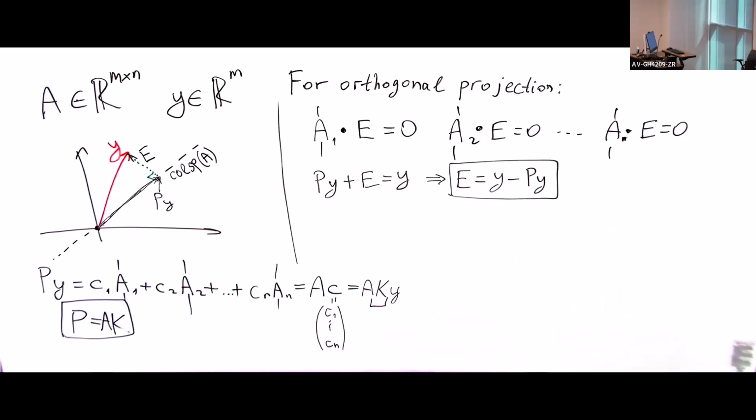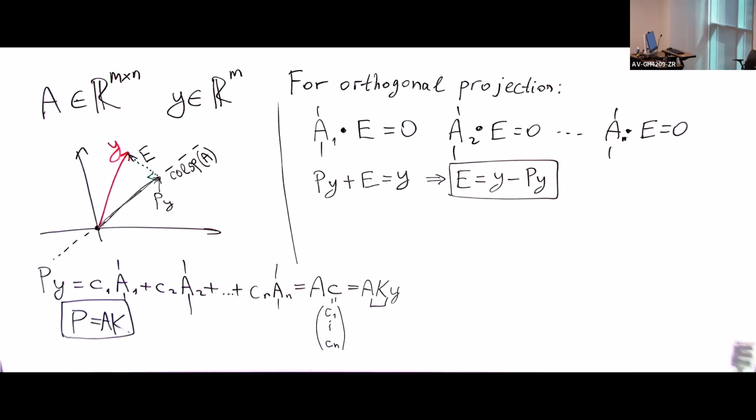Now, how can we write that entire thing as a single formula? What is the dot product of multiple columns with some vector E, whatever that vector is? This is a vector. Remember how you write a dot product?